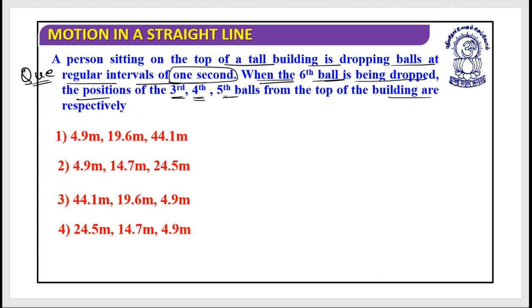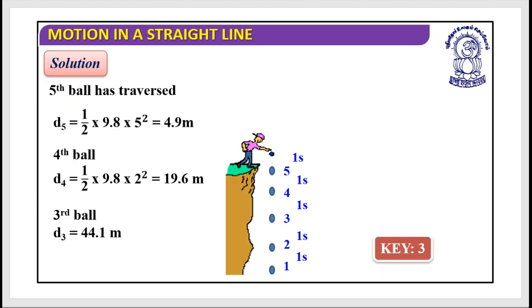So what can I have? Let's have a rough sketch. This is the first ball, this must be the second, third, fourth and fifth, and the sixth is just being dropped. I can assume that he is dropping a ball every second. So this is 1 second, this is 1 second, and so on.